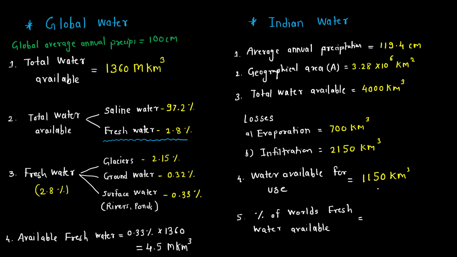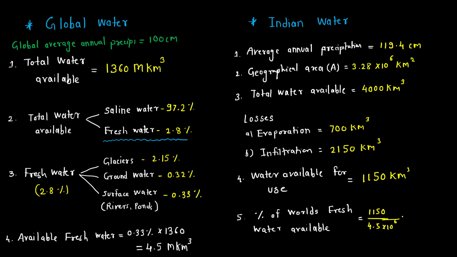So if you want to find out how much percentage of water for drinking is available in India, then you just have to divide these two values. So this is 1150 kilometer cube divided by 4.5 million kilometer cube, so it is 4.5 into 10 to the power 6.